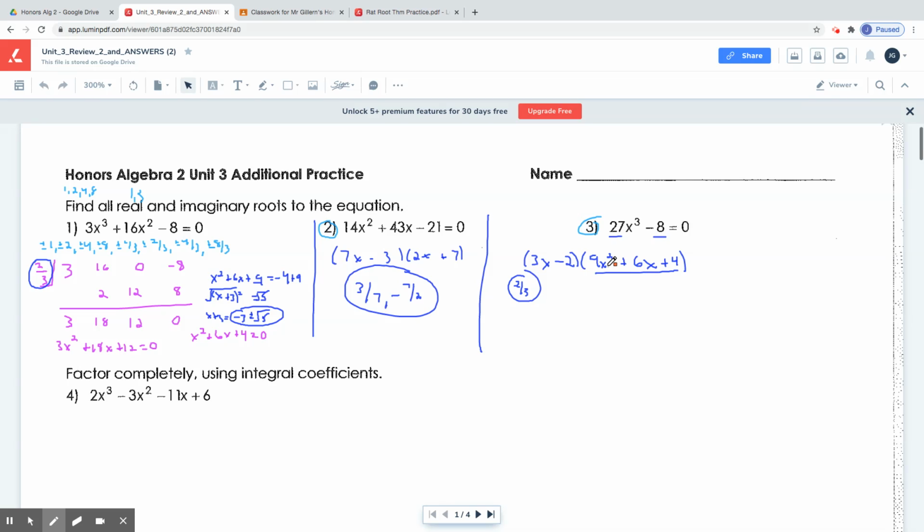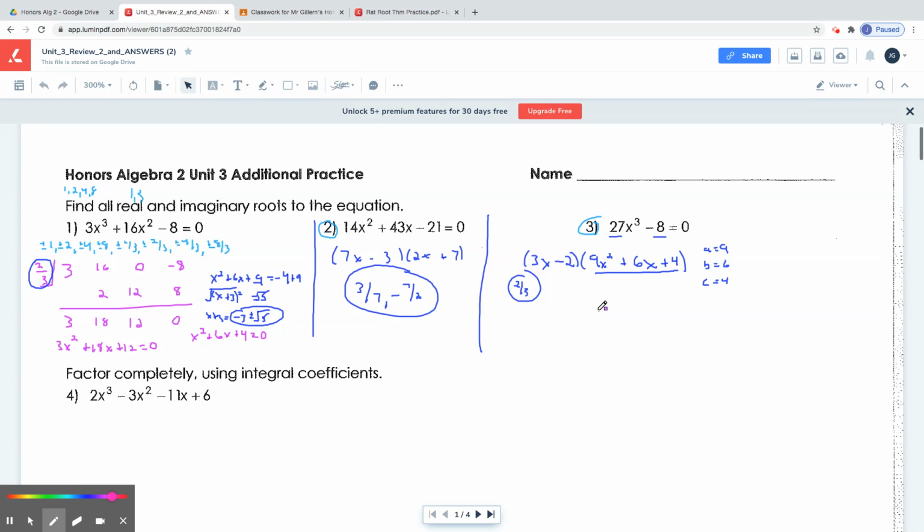To make this completing the square, dividing by 9 is a lot, right? So that's a lot of fractions. We could use the quadratic formula. We haven't done that in a while, so let's do it. A would be 9, B would be 6, C would be 4. Let's do this in a different color.